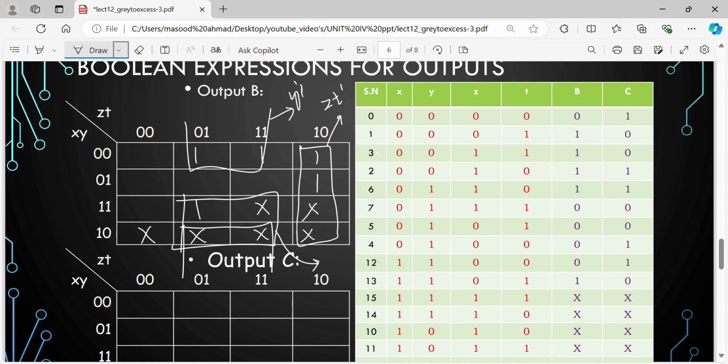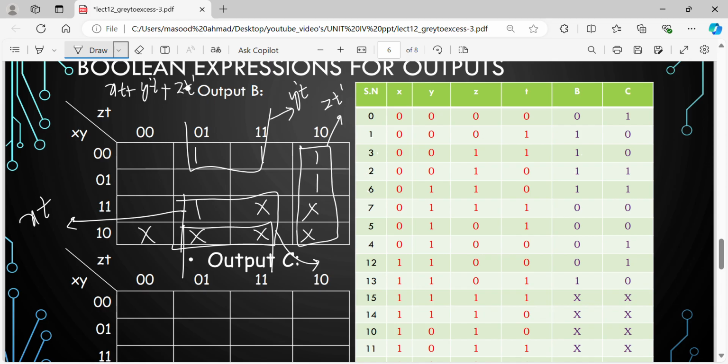For these two, this is x and this is t, so it is x t. So on the whole, the overall expression for B will be x t plus y bar t plus z t bar. This is exactly the output for B.